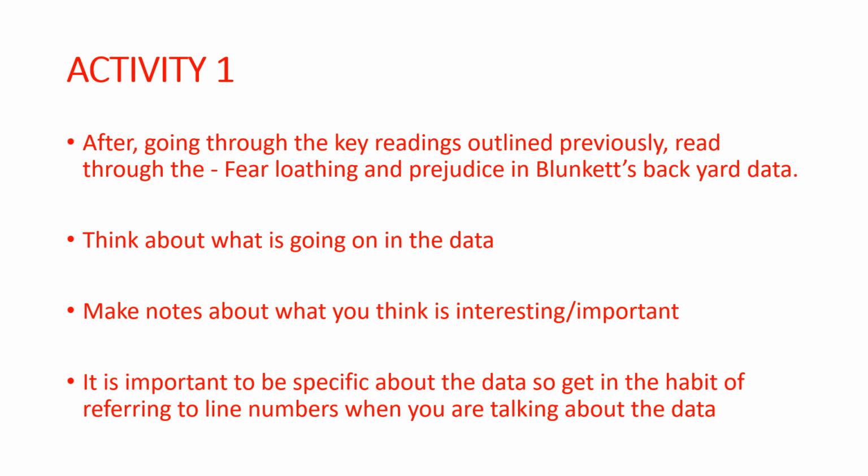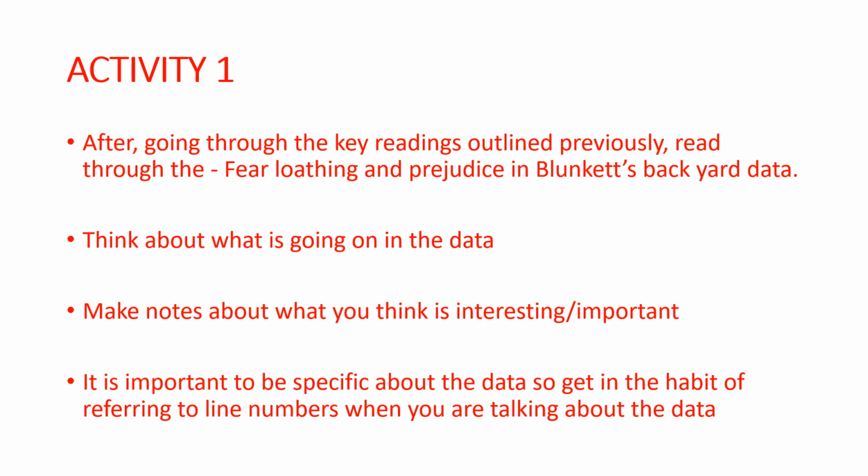So moving on then to activity 1 from part 1. After going through the key readings outlined previously, make sure you go through really carefully your DP assessment data, Fear, Loathing and Prejudice in Blunkett's Backyard. Think about what's going on in the data and make notes about what you think is interesting and important, and if there are any discursive devices that you see, make a note of them.